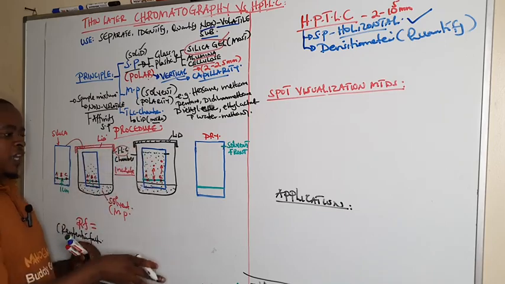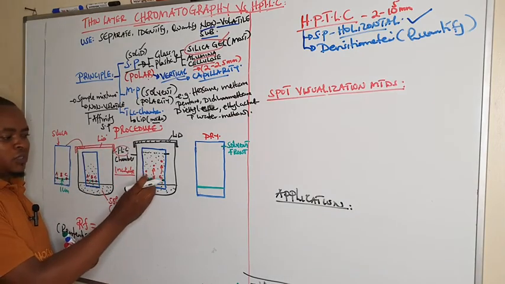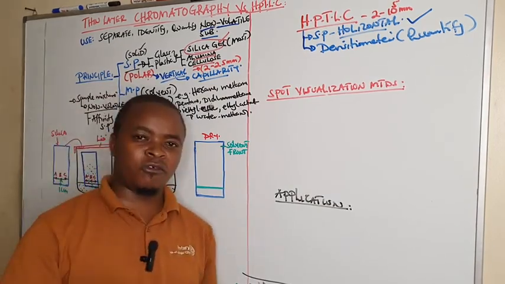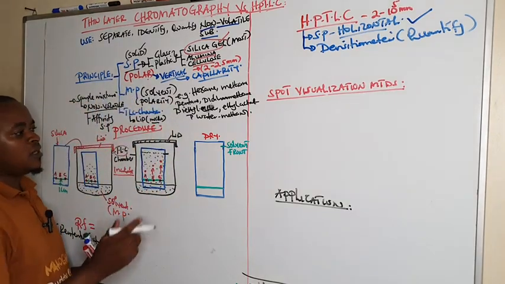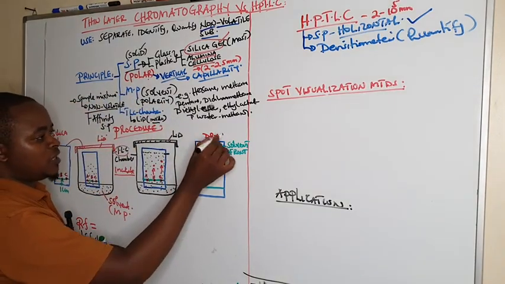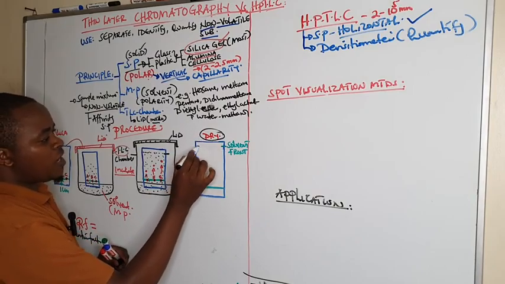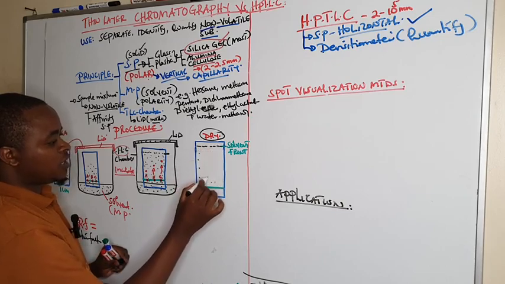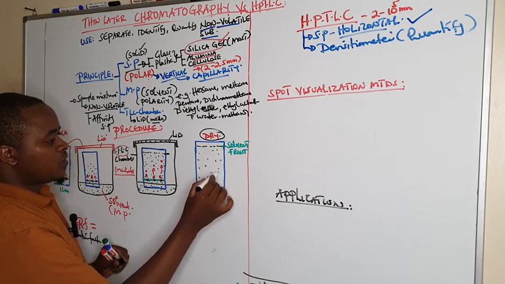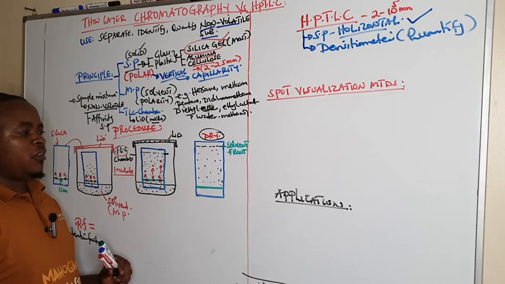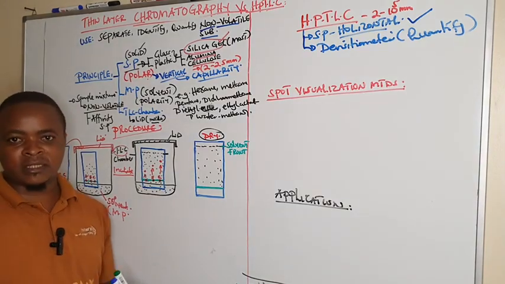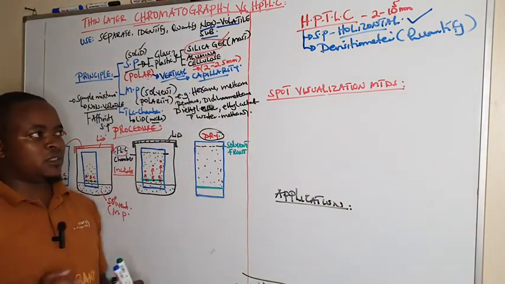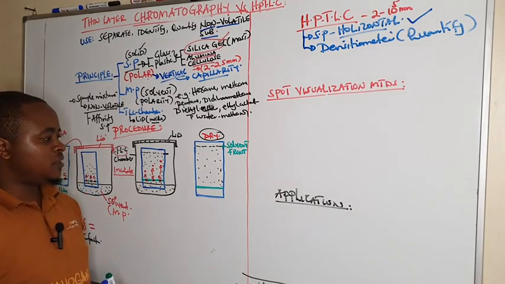So after incubation, these different spots or dyes are able to be separated depending on their interaction with the stationary phase. We are able to remove it and dry it. So when we dry it, our solvent was able to move. After drying, we can stain it with fluorescence, and we visualize using UV light, as we are going to see different visualization methods.